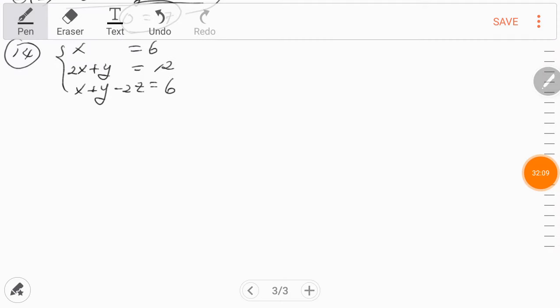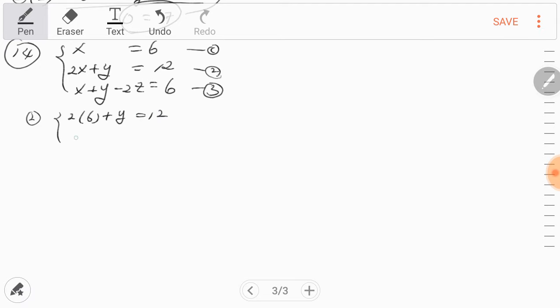Okay, this is a system of three equations. As you can see here carefully, the first equation has the variable x already, so x is given. So why don't we plug in 6 for x into the second and third equations? From the second equation, x is 6, so 2 times 6 plus y is equal to 12.